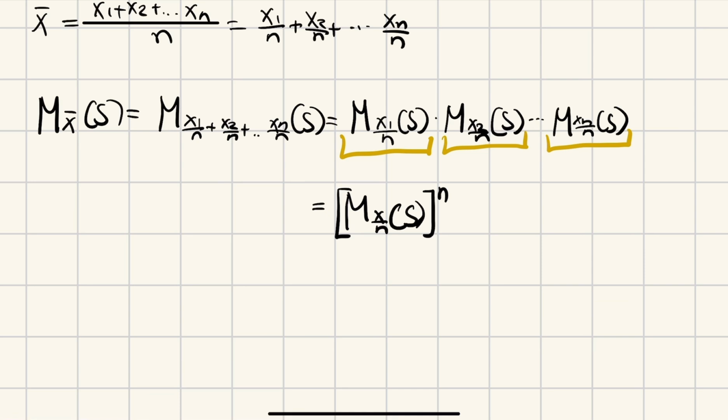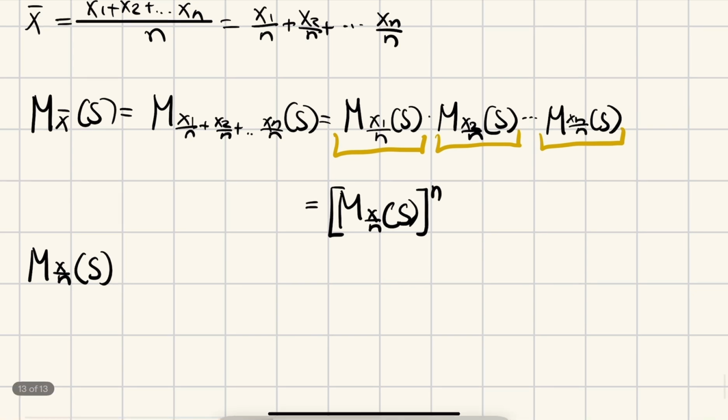Now, our goal is just to find the moment generating function of x over n, so that we can use this to find the moment generating function of x mean.